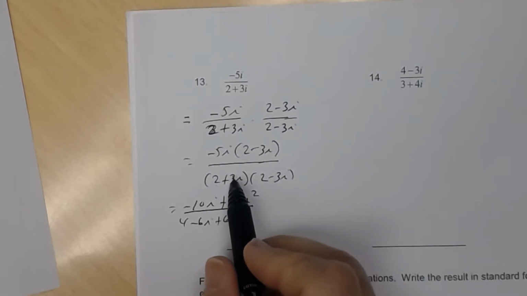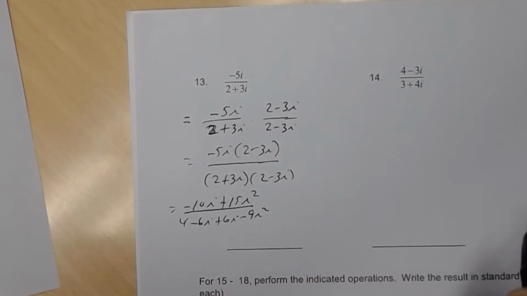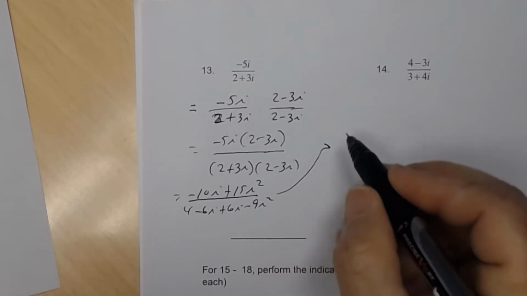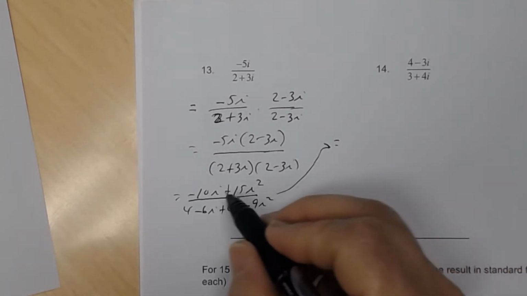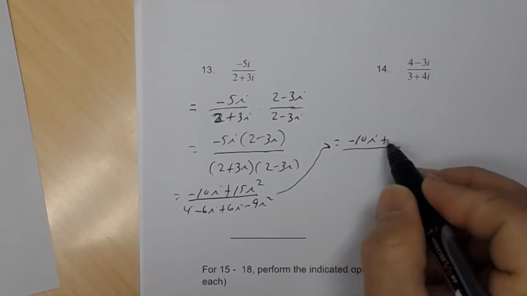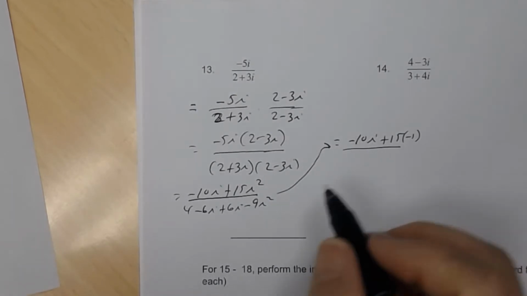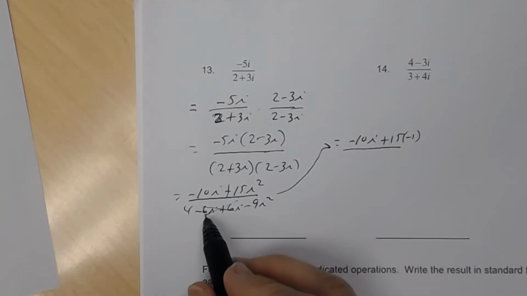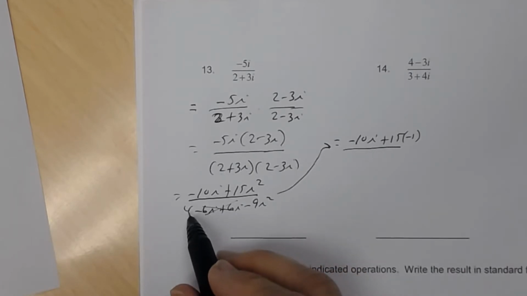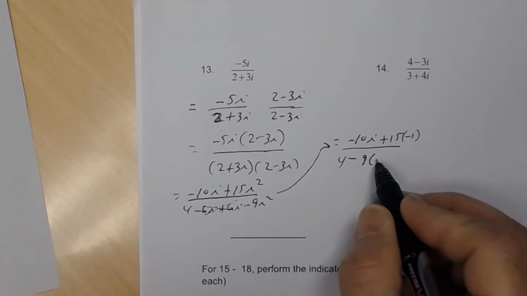And then the last, 3i times negative 3i is a negative 9i squared. So then this becomes negative 10i plus 15 times a negative 1, because i squared is equal to negative 1. The denominator, notice that the outer and the inner add up to be 0, so you have 4, subtract 9 times i squared, remember i squared is a negative 1.